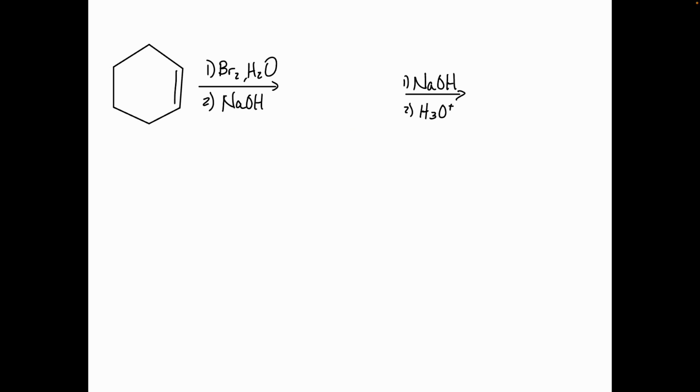All right, so what am I going to create with bromine, water, followed by sodium hydroxide? Again, an epoxide. This was our second method for creating an epoxide.